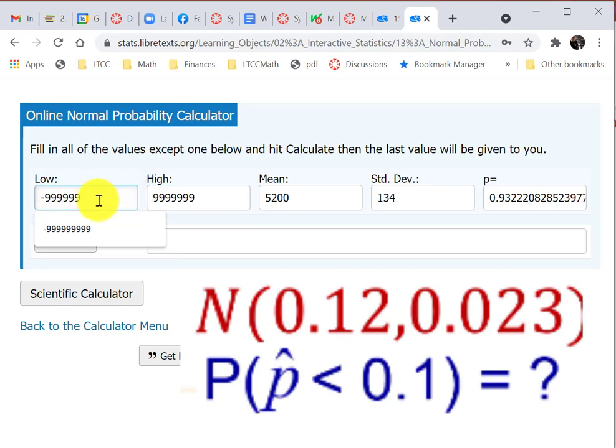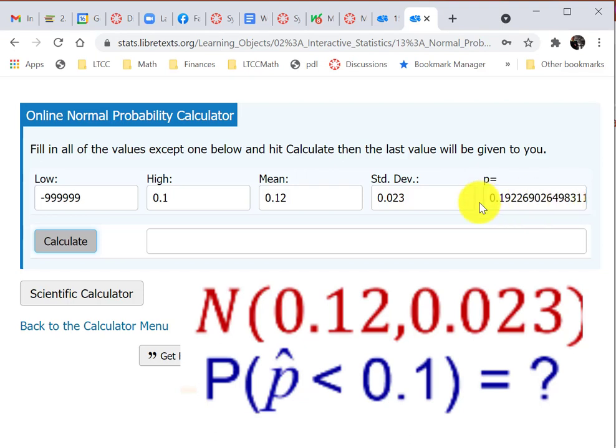Very small, less than means negative infinity. The high is 0.1. The mean, that was 0.12. And the standard deviation, 0.023. I want the probability, so I leave that blank. And I hit calculate. And there we have it. You get about 0.192269, etc.